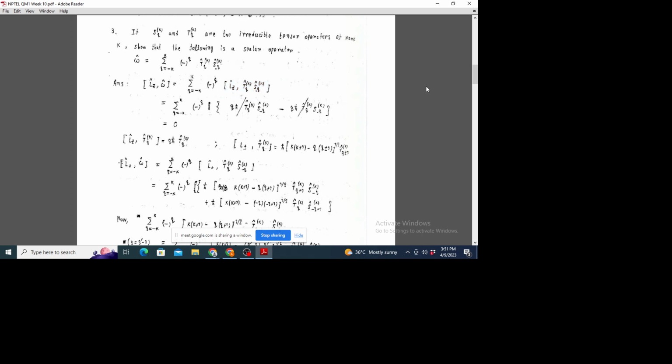I hope you know how to take commutators like C comma AB. The commutator of C with the composite operator AB is the commutator of C and A multiplied by B, plus A multiplied by the commutator of C and B. So that relation should be used.